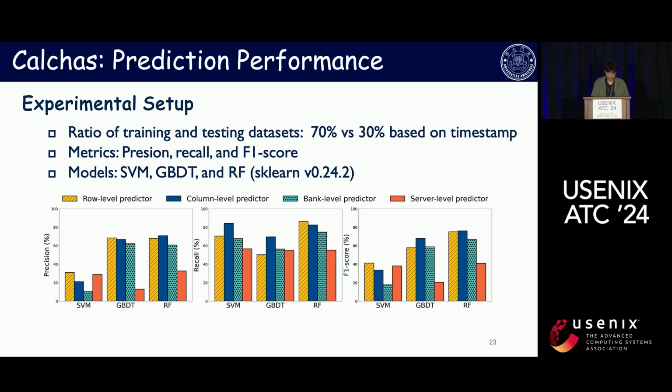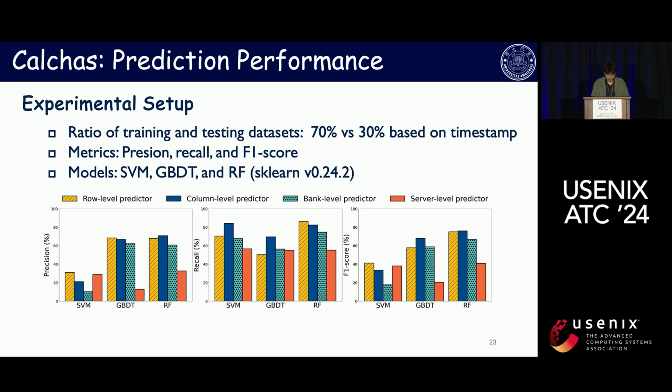We split the dataset into a training dataset comprising 30% of the data and a test dataset comprising the remaining 70%. We consider the metrics of precision, recall, and F1 score to reflect the accuracy and the coverage of the predictor. We utilize 3 popular machine learning algorithms: random forest (RF), support vector machine (SVM), and gradient boosting decision tree (GBDT).